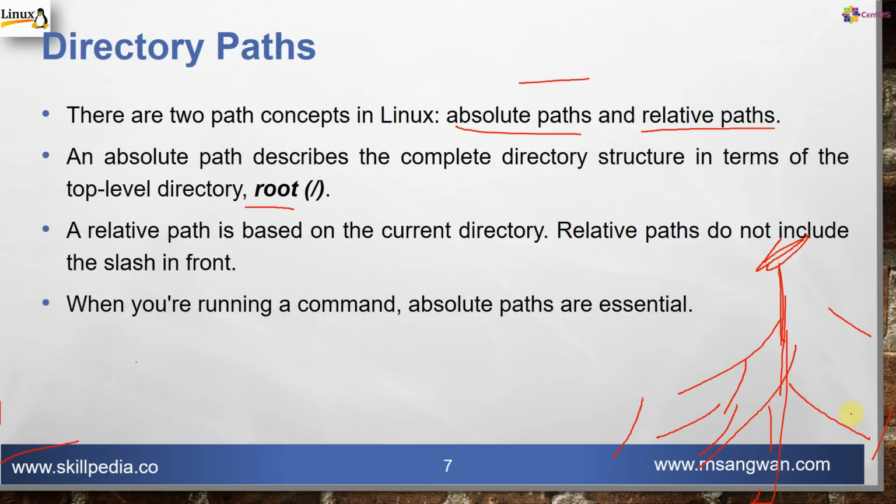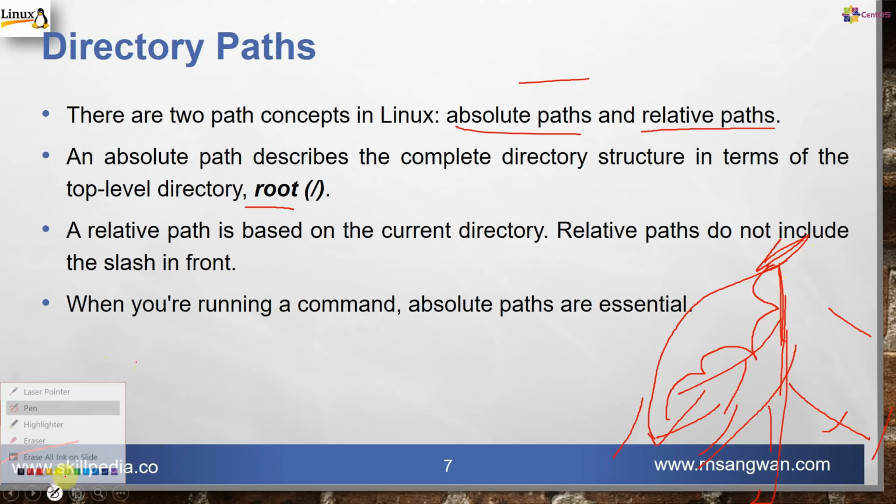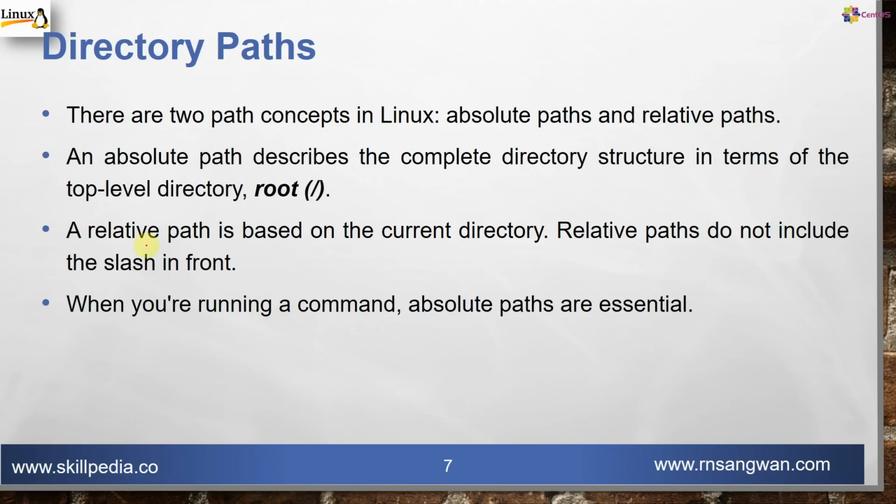If you are at root, you can reach any of the branches by using the complete path. From here to here to here, you can reach any location. So this concept of root comes from the directory tree. The relative path is based on where you are currently standing, in which directory you are, relative to that.